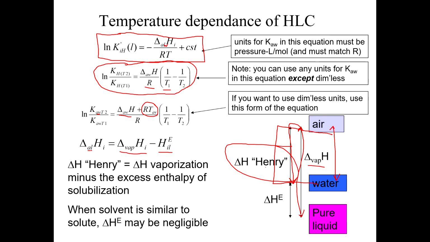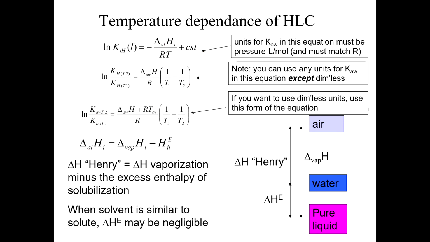All right, so what that means is that the delta H of Henry's law is going to be slightly less than the delta H of vaporization if HE is positive. But remember from the solubilization lecture, the whole lecture on aqueous solubility, we said this is pretty small.